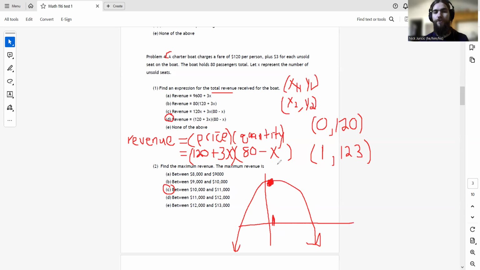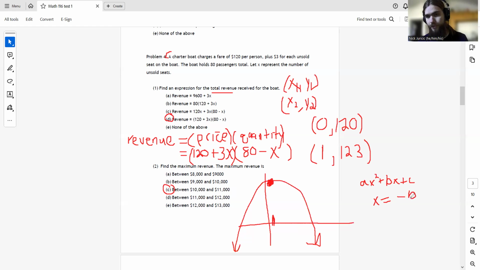So one option is to just type this into our calculator and graph it and use the functions on the calculator, like the maximum, to find where there is a maximum, and it would tell us. Another option is if you have a quadratic of the form ax squared plus bx plus c, you can always find this highest or lowest point, the vertex, depending on whether it opens up or down.